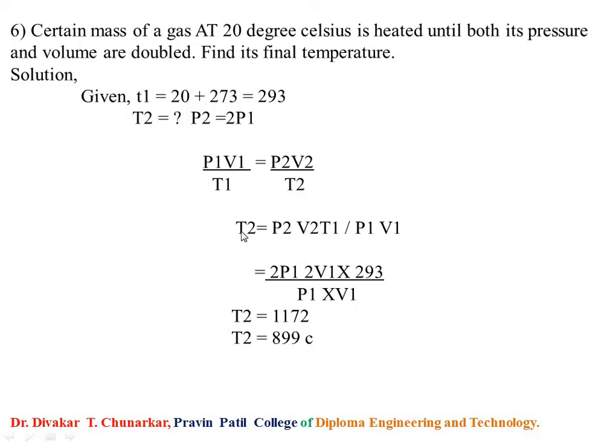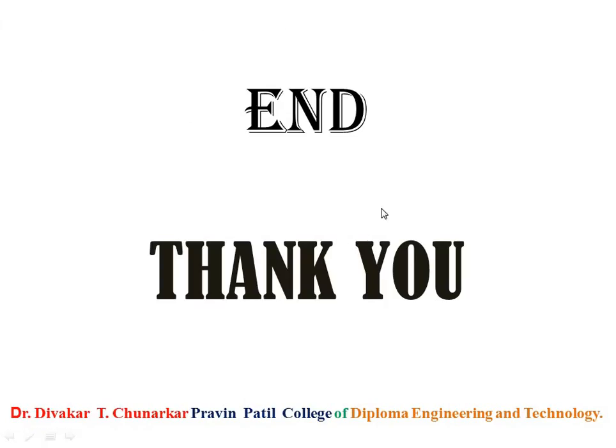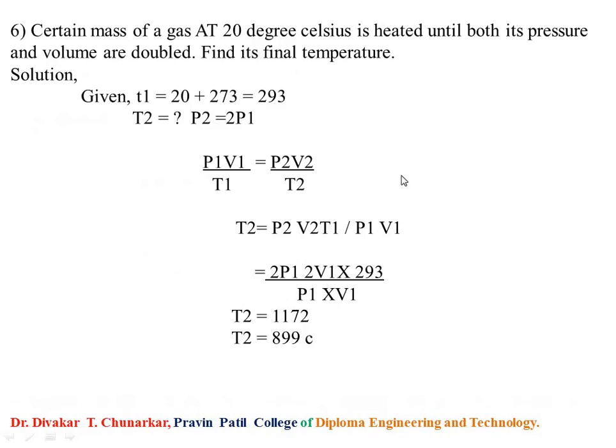So we get T2 equal to P2 V2 T1 upon P1 V1 and put the values in this formula. So we get 2P1 2V1 into 293 upon P1 V1.